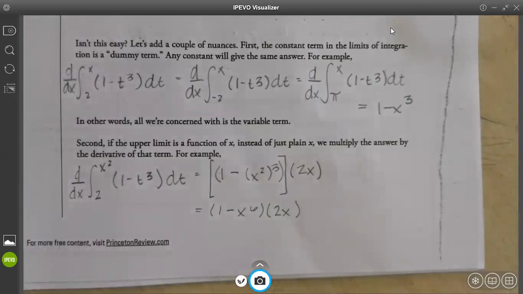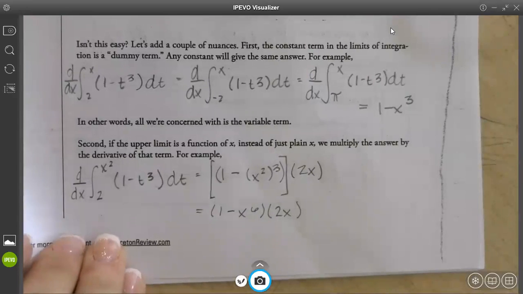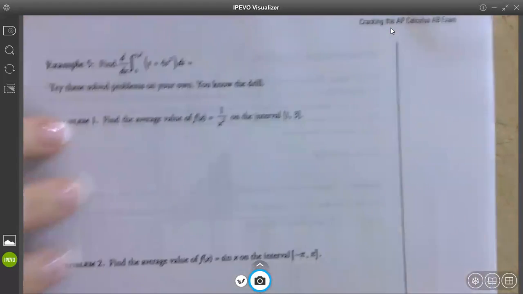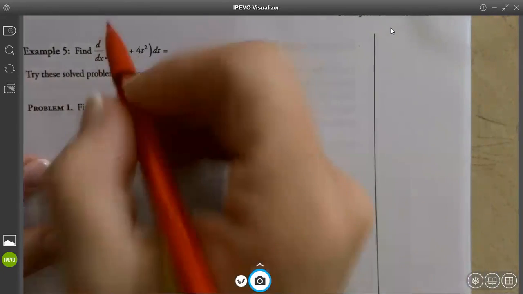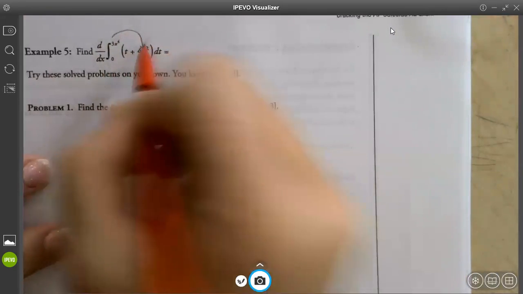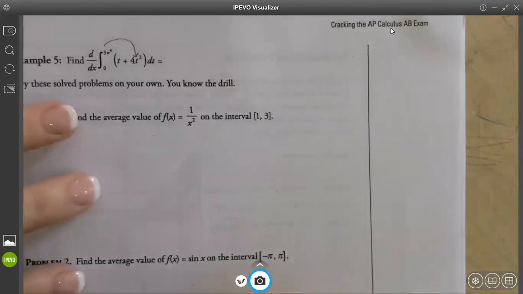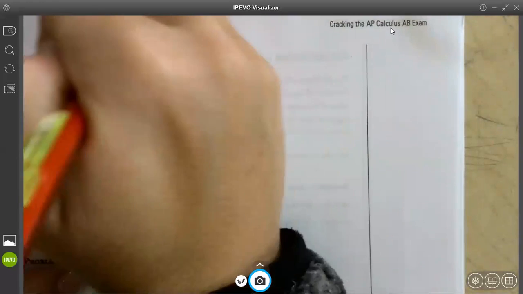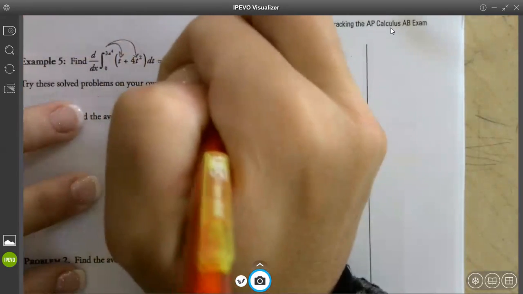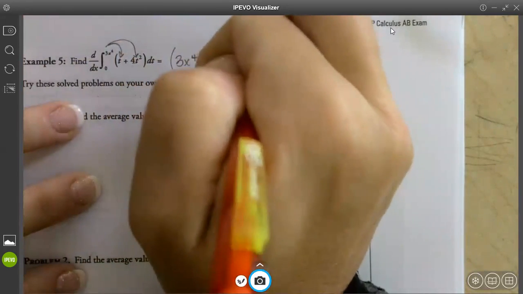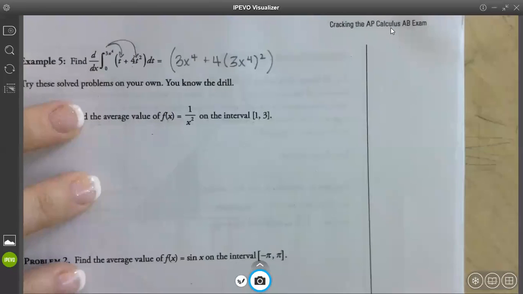Now we're going to do a couple of those. These are really quick. They're not bad at all. Everybody got this one? We're good. All right. We have 3x to the 4th at the top. So all we're going to do is put that 3x to the 4th in for t. So we have 2 t's in there. So 3x to the 4th plus 4 times 3x to the 4th squared.